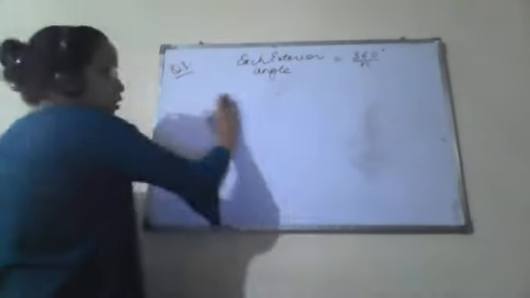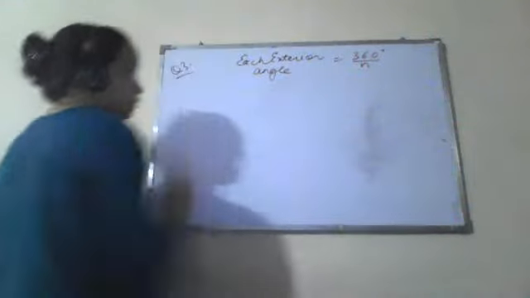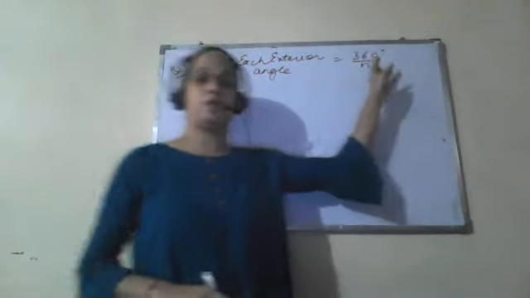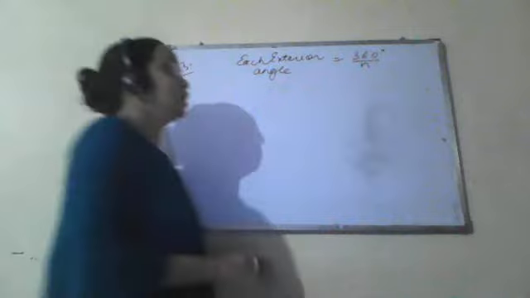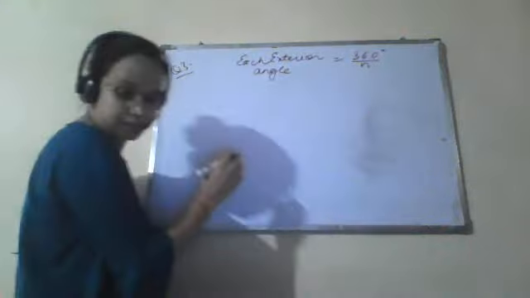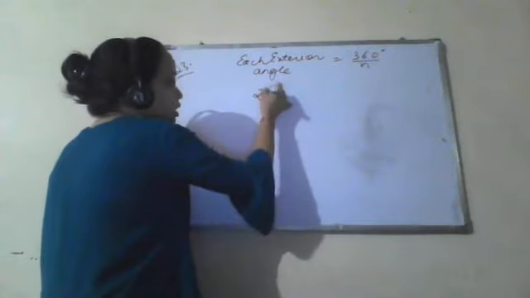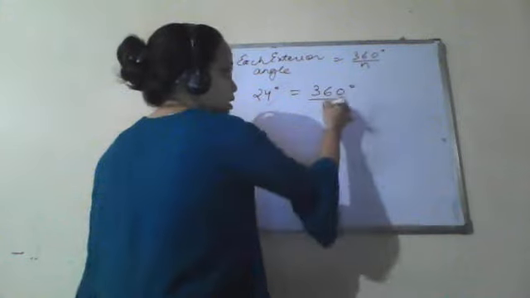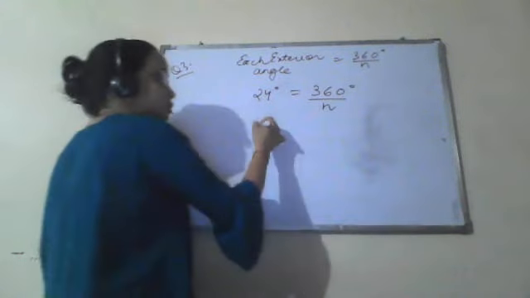Till now we have calculated the exterior angle, and we have been provided with n, the number of sides. Now we have been given each exterior angle and we have to calculate the value of n. So each exterior angle is given as 24 degree, which is equal to 360 upon n. So n, the number of sides, we have to calculate.